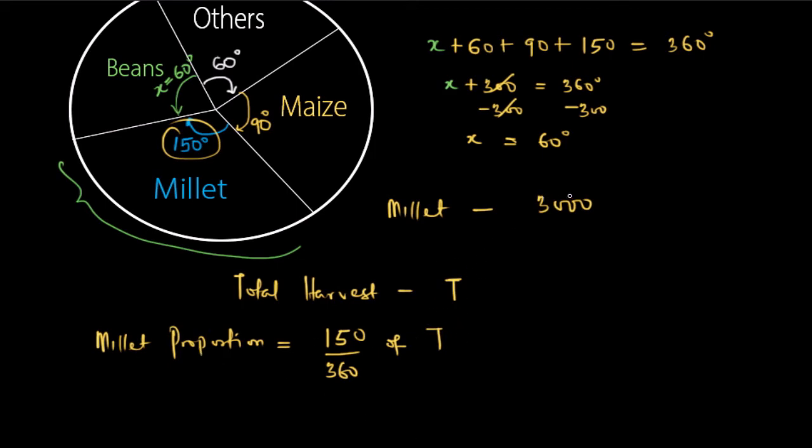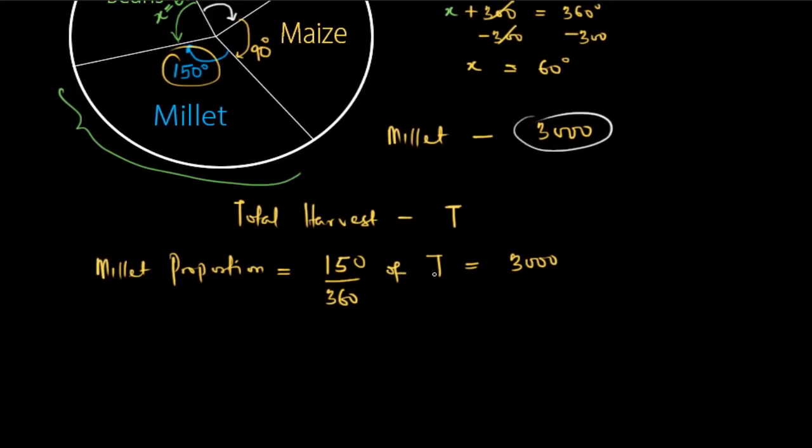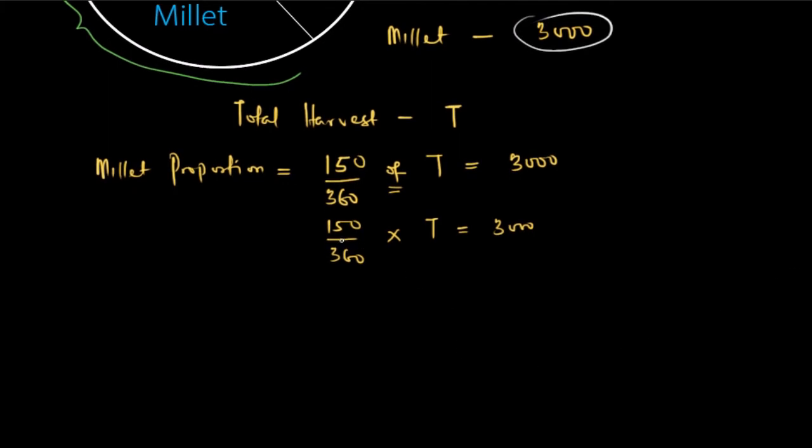We've been told that this proportion equals 3,000. We'll use this information to find T. So this is 150 divided by 360, and of means times, so 150 over 360 times T equals 3,000. That is 150T divided by 360 equals 3,000.